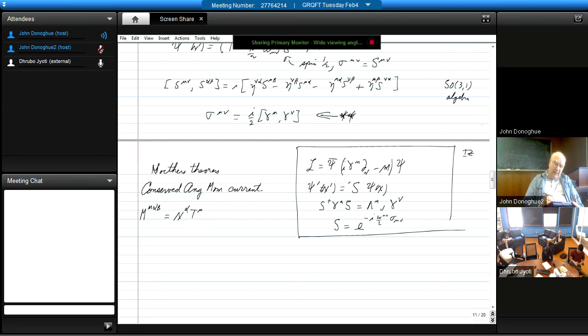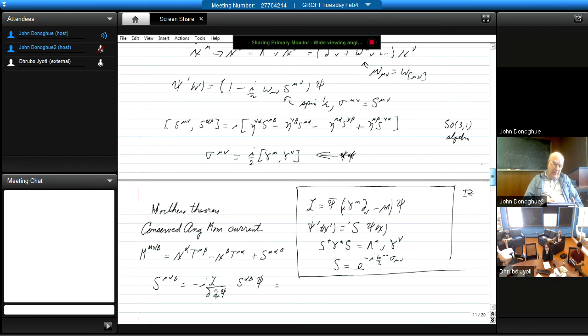It is x alpha T mu beta minus x beta T mu alpha plus some spin piece S mu alpha beta, where this S mu alpha beta is minus i times the variation of the Lagrangian with respect to d mu psi times S alpha beta psi, where S is up here.